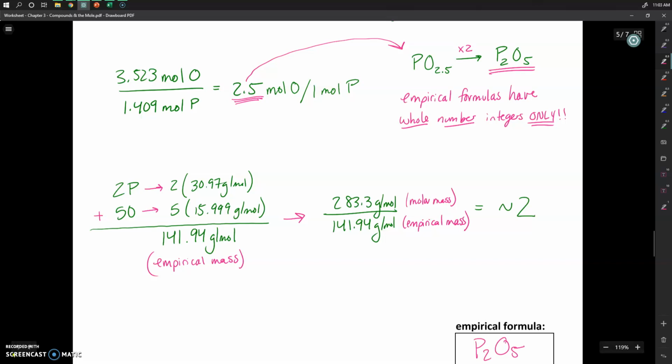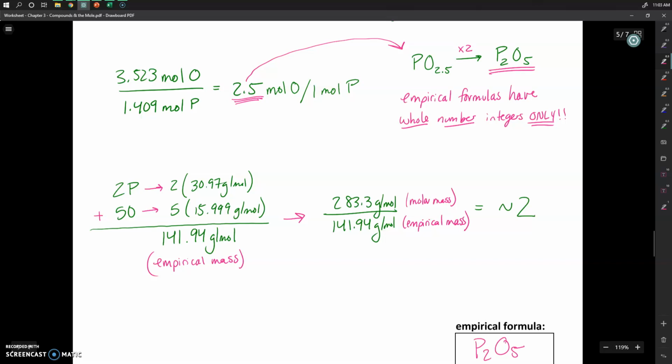But note here that the way you set this up every time will always be to put the molar mass that you're given over the empirical mass that you solved for from your empirical formula. And your empirical mass should usually be less than your molar mass, or in the case where your empirical formula actually is your molecular formula, then these two numbers would match essentially, and you'd get a ratio of 1.